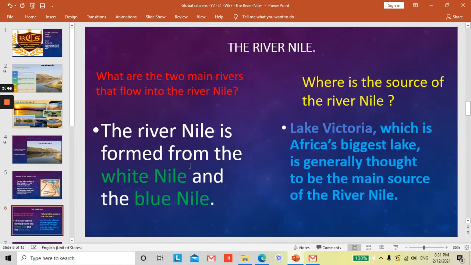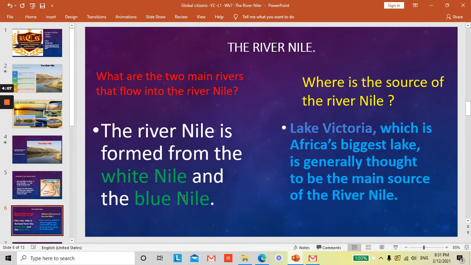We are going to look at the two main rivers that flow into the River Nile. We can see the River Nile is formed from the White Nile and the Blue Nile.